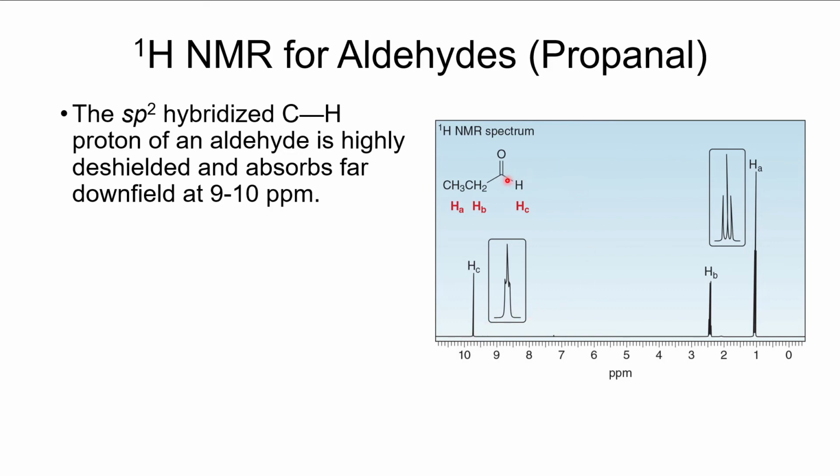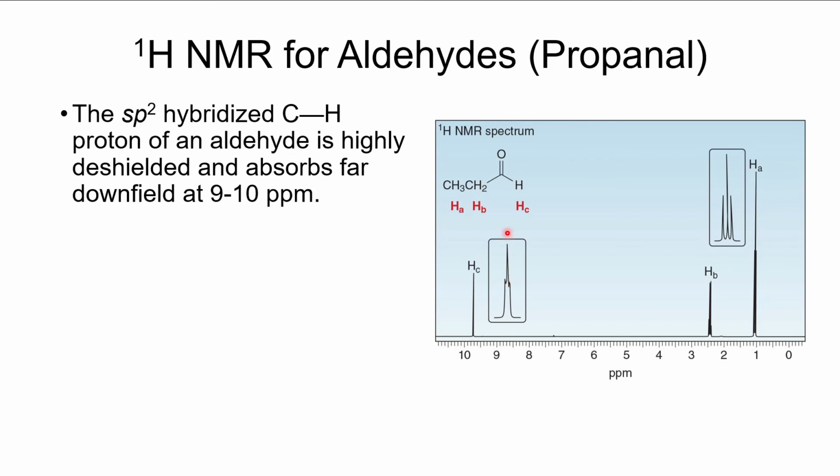Now, as far as the location of these other ones, one note. You'll notice here on this peak, it almost looks like a singlet when we don't look at it close up. But when we zoom in on it, you'll see that it's a triplet. And the reason that it's a triplet is that it is adjacent to 2 hydrogens, but it's a very subtle triplet.